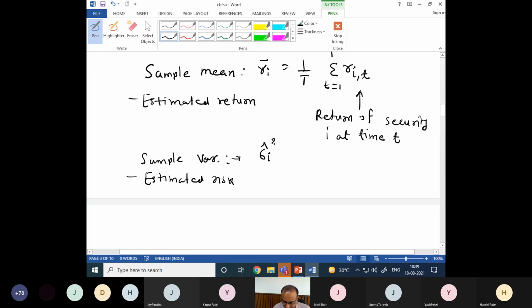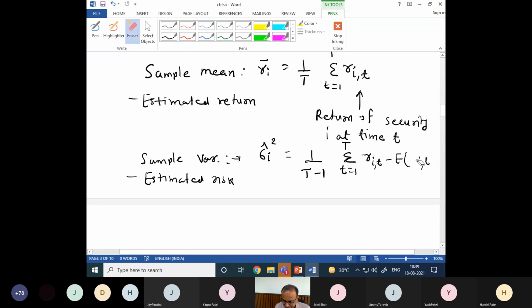Remember, it is not 1 by T but 1 by capital T minus 1, sum over t running from 1 to capital T of R_it minus R_i bar, because we are in a sample mean and variance.